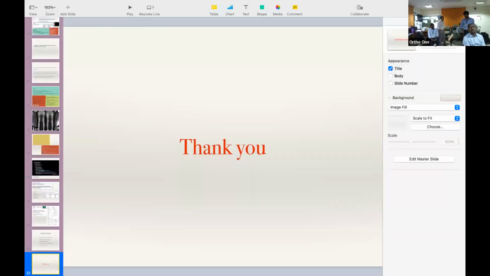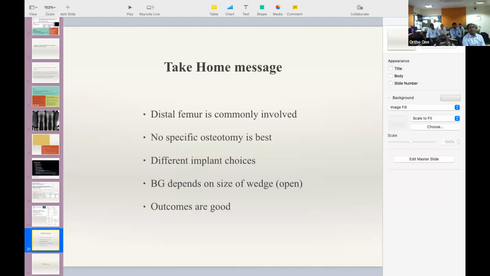Just as you mentioned in the summary, valgus correction mostly would be required on the femoral side. So distal femoral osteotomy is the common thing which is required. Closing is better than opening because you need a bone graft for opening if you have a gross opening.